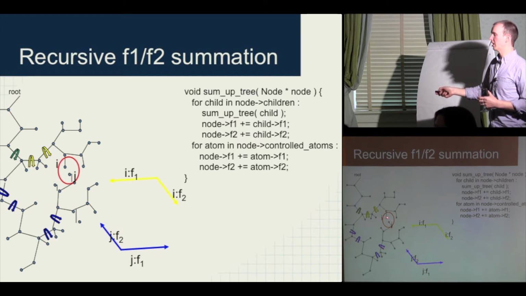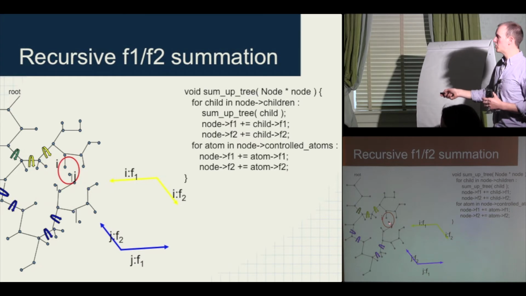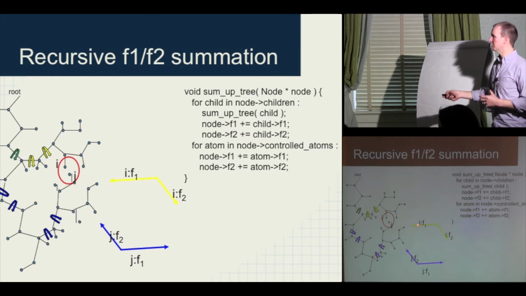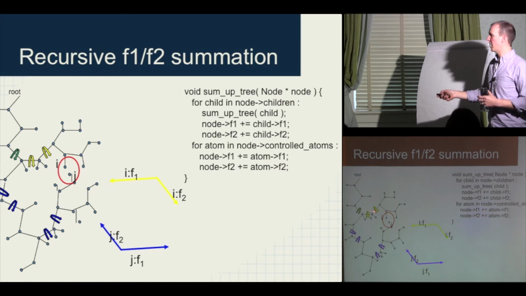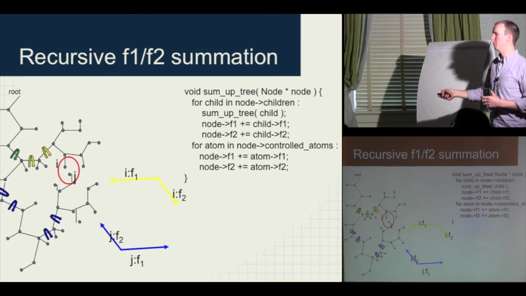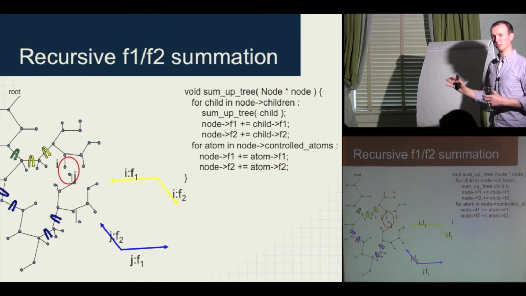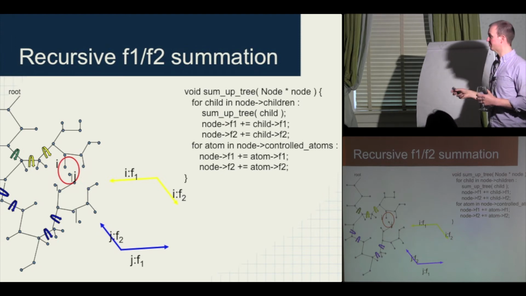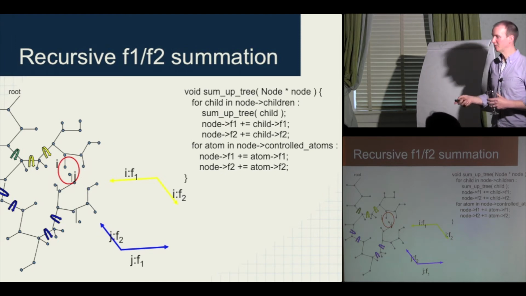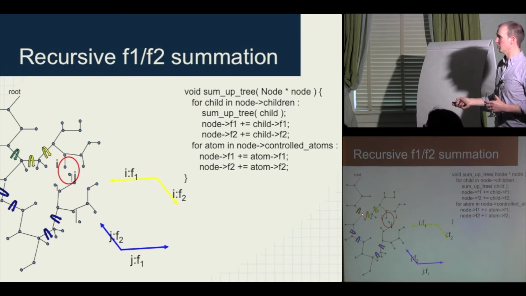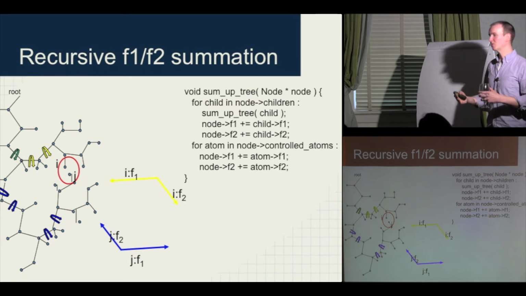I'll see that this atom I is going to move, and so I'll get the F1, F2s from I. For the interaction of I and J, they have equal and opposite F1, F2 vectors, so as I sum back up the tree, the F1, F2s cancel at the point where you get to a torsion that moves both I and J together. They just cancel out, so that's kind of sweet. This green here represents that the yellow and the blue have merged.